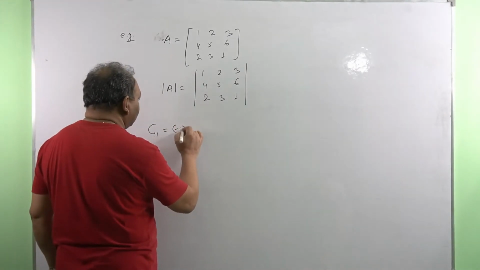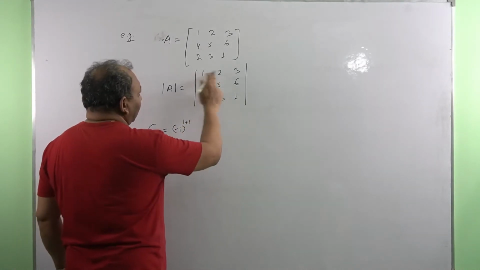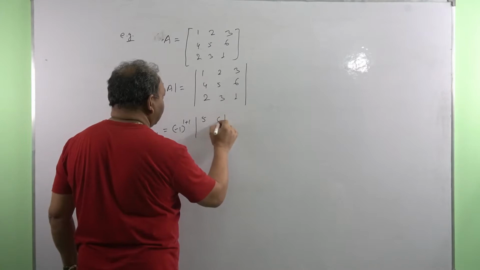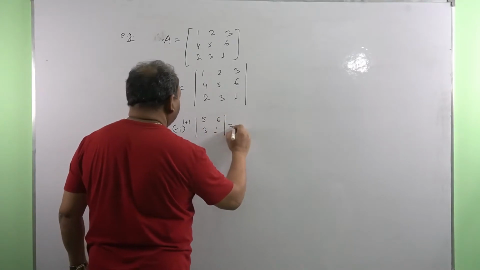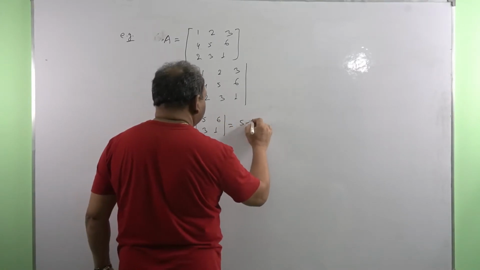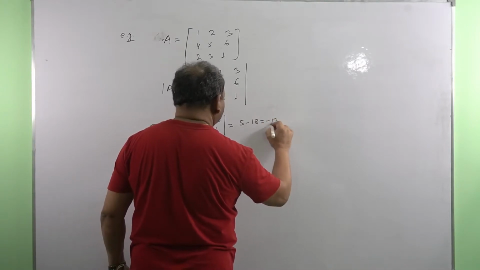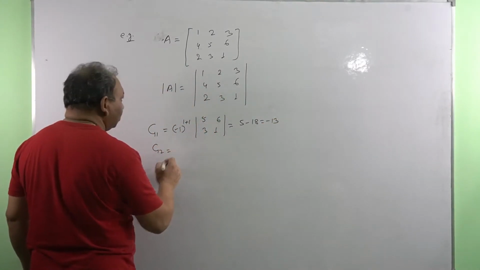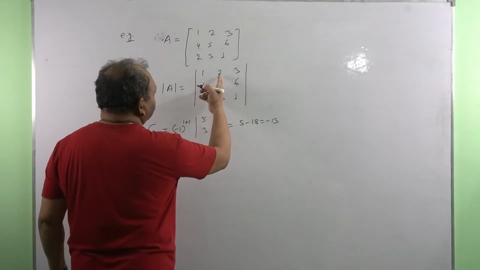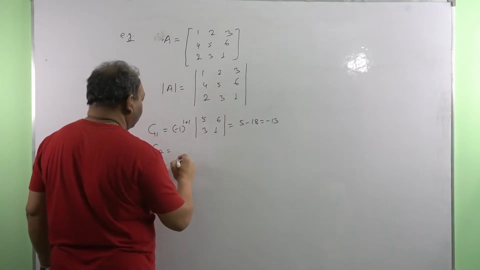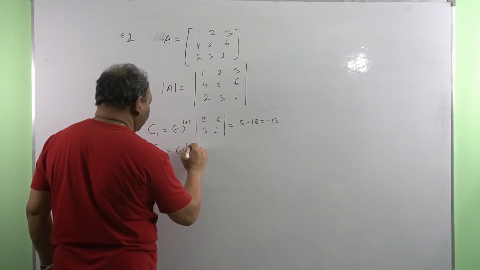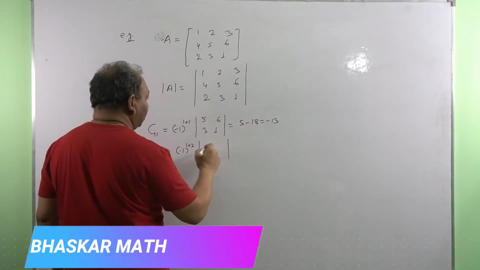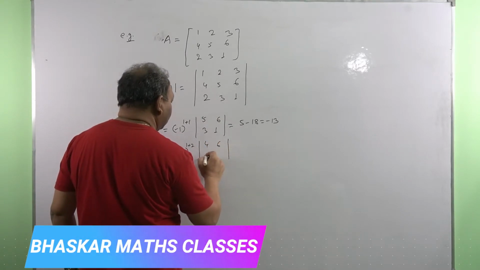So minus 1 to the power 1 plus 1, hiding first row, first column, we will get determinant of second order 5, 6, 3, 1. So 5 minus 18, that is minus 13. C12 means cofactor of 2. Minus 1 raised 1 plus 2, hiding first row, second column, we will get 4, 6, 2, 1.